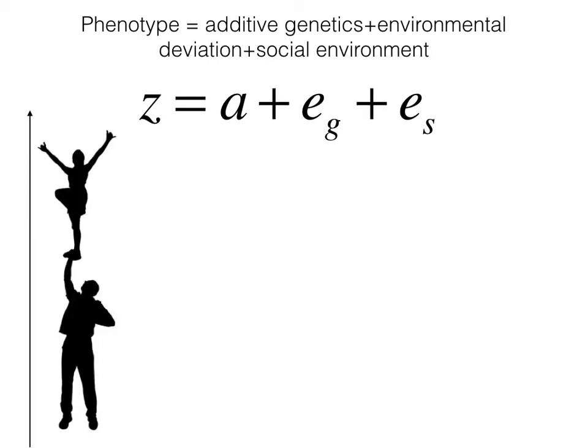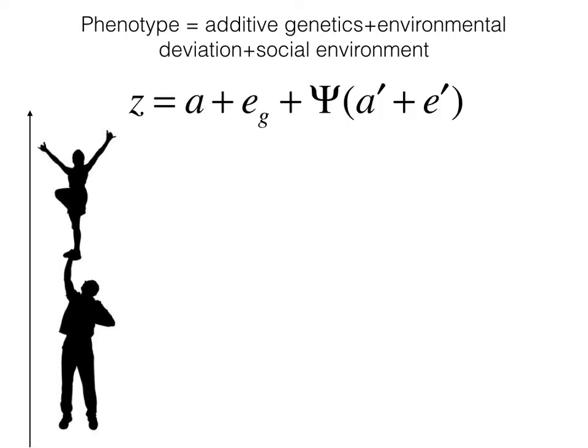And then we can move on and we can add to this model a social interaction. Okay, so again, we have the phenotype, that's Z. It's a combination of the additive genetic effect, the environmental deviation, and now the social environment as well. And we can take that social environment term and replace it with the phenotype of the social partner, and we can expand that out so it looks like this.